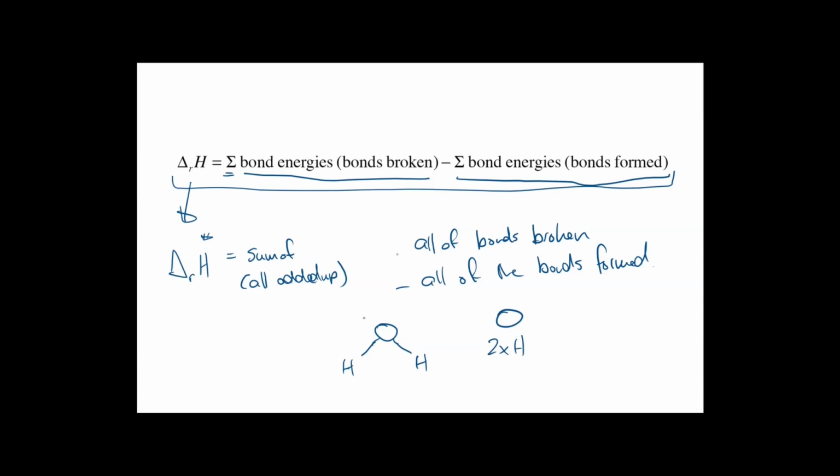What would we need to do? We would need to get energy and put it into that bond so that the bond is so great that it breaks. It's no longer necessary for that hydrogen to be bonded to that oxygen. And the same if we want to break up that one, we would put energy into that bond to break it up. And that energy is going to be in the form of heat.